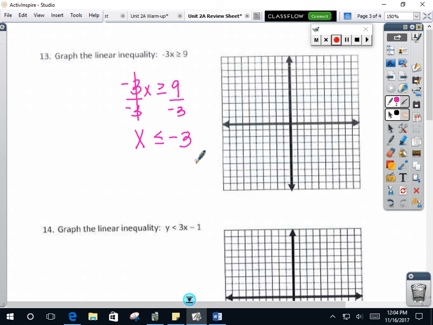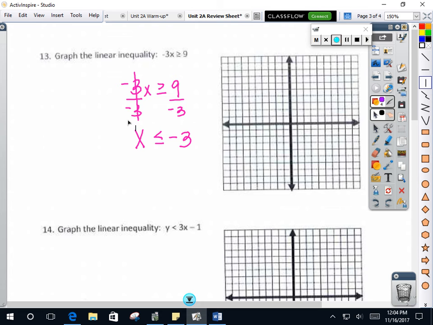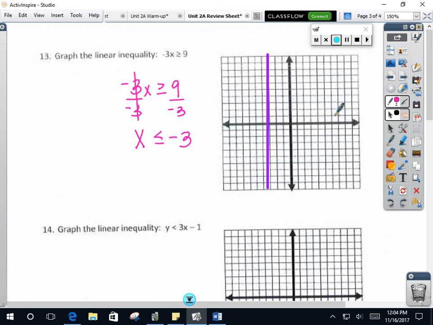Whenever you have no y and it's just x and a number, what kind of line does it make? Vertical. Think about it. If you want to cut through the x-axis at negative 3, doesn't that mean your line needs to be a vertical line? Now, it's also a solid line because there's an equal to bar.